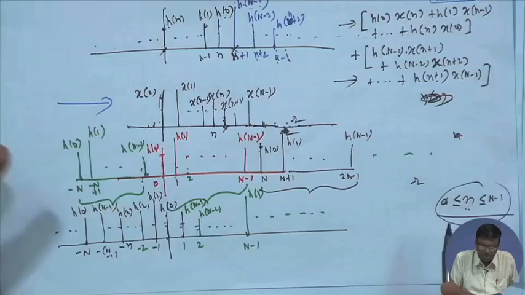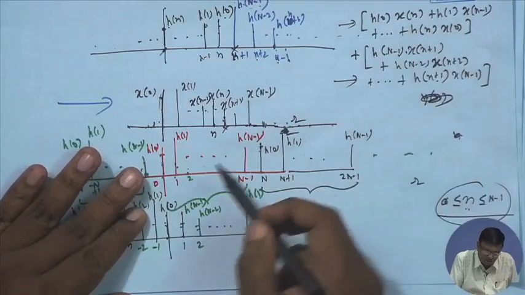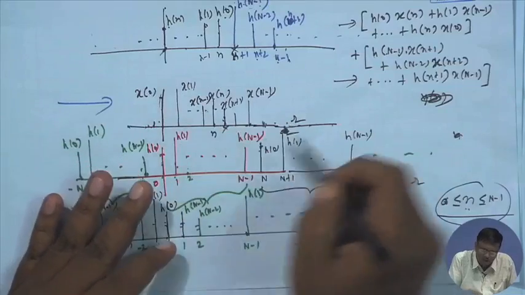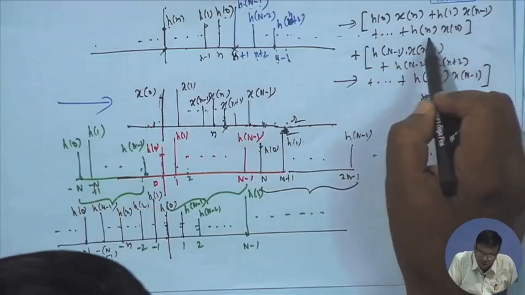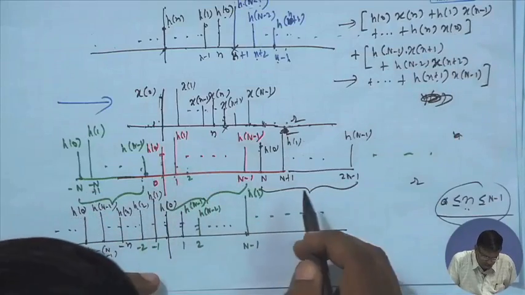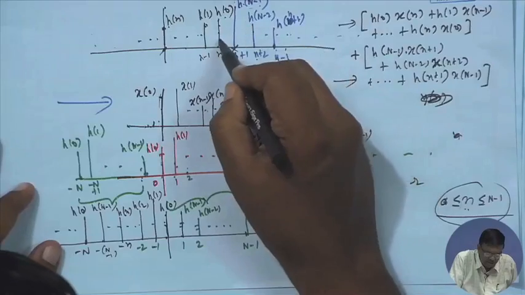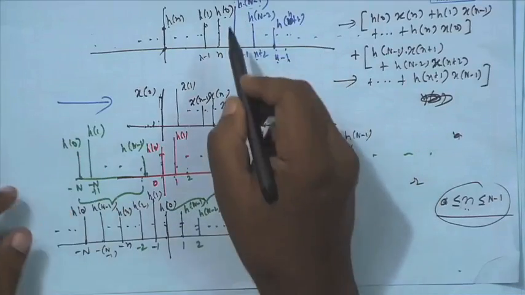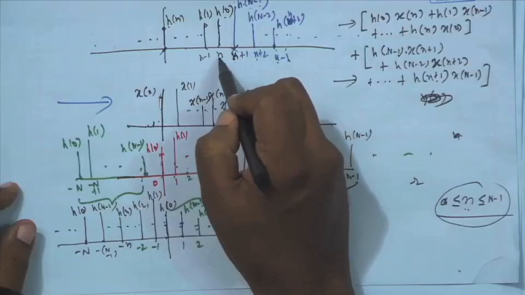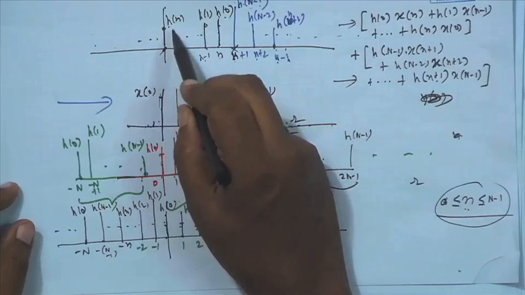So it will be sample-wise multiplication, and we see x0 into h0 is already present. If you shift it by n, then h0 comes here, h1 here, and so on. So at the nth position h0, and n minus 1 has h1.